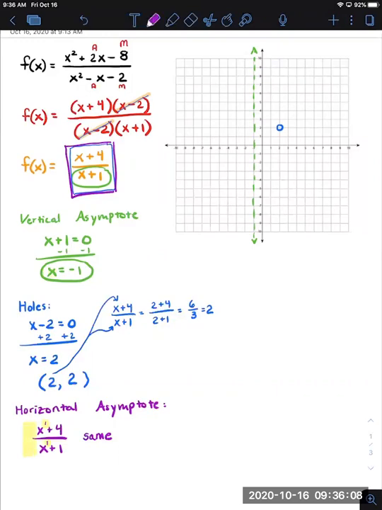So there's no numbers here, so we can assume again that it's 1 over 1. 1 divided by 1 is 1. So our final answer for horizontal asymptotes is y equals 1. So I'm going to go ahead and put that on my graph as well. Horizontal asymptote at 1. It's a dotted or dashed line.